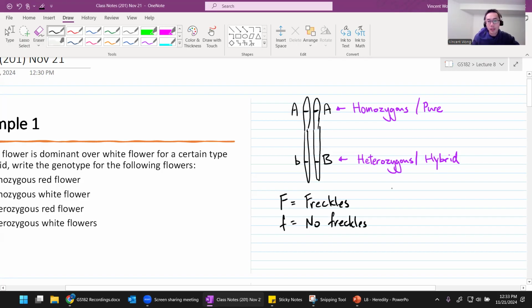And so if someone is big F, big F, or big F, small f, because the freckle gene is dominant over no freckles, both of these instances will result in the person having freckles. And to answer your question, Michael, in order for someone to have the no freckle phenotype, the only possible genetic makeup would be homozygous or pure, and this would be no freckles.